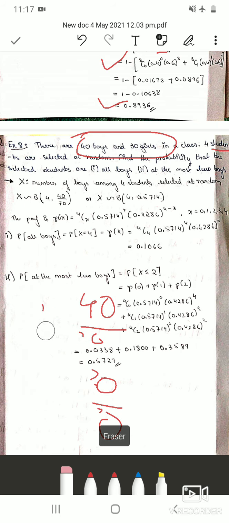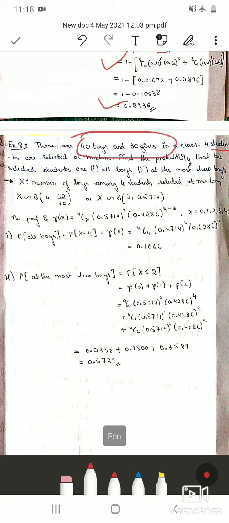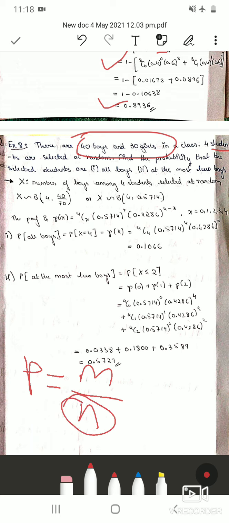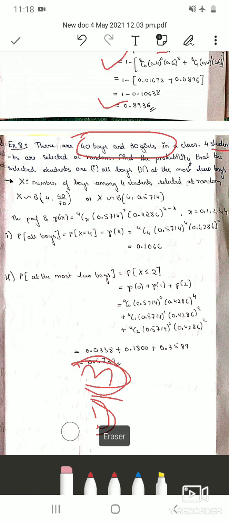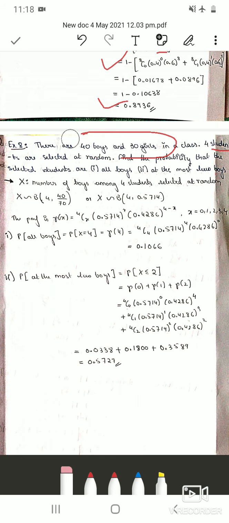We got this using the probability concept, that is, capital P is equal to m by n. I hope you remember this. Here n is the total number of observations and m is the favorable number of outcomes. So here total strength is 70 and m is the number of boys present in the class, which is 40. With this concept we have calculated the parameter p. So you got n and p.